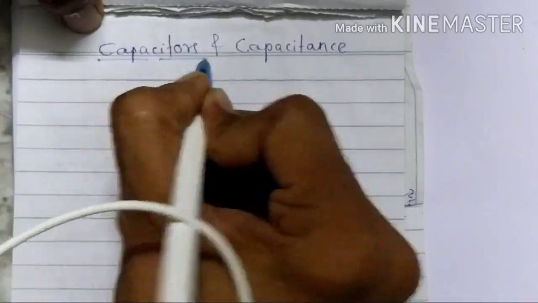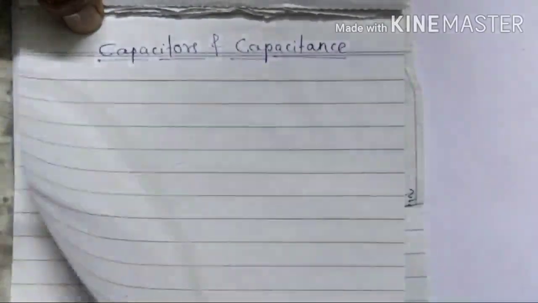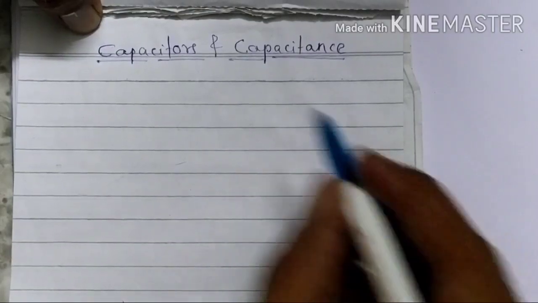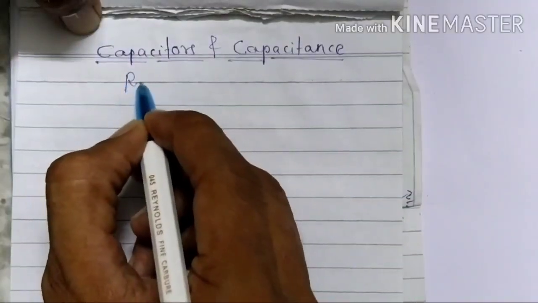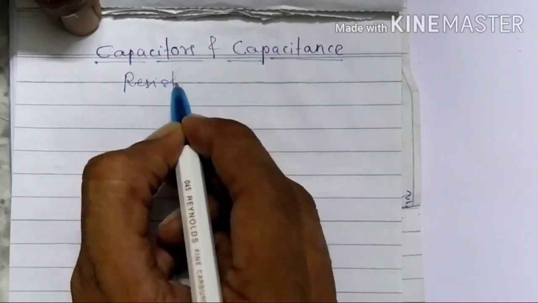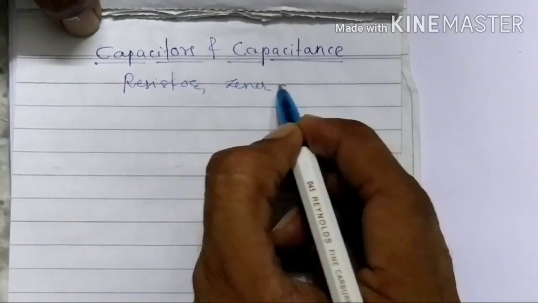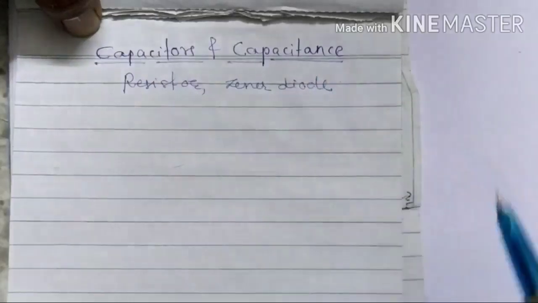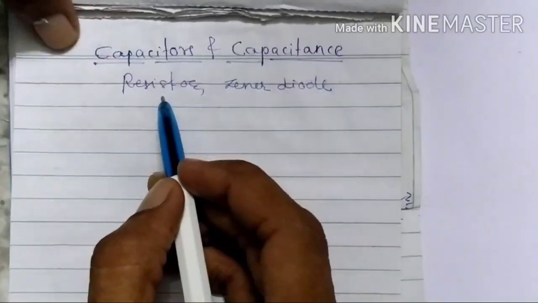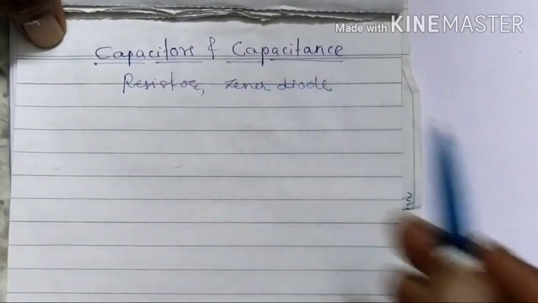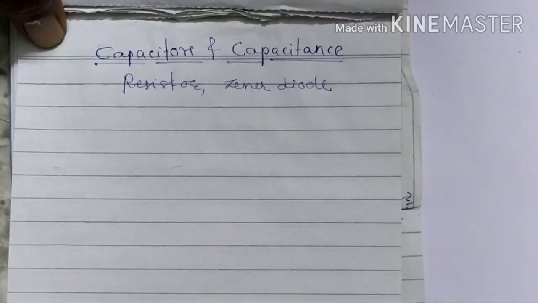Okay, in 11th standard we are familiar with some electrical components like a resistor or a Zener diode. These components are used according to their function.